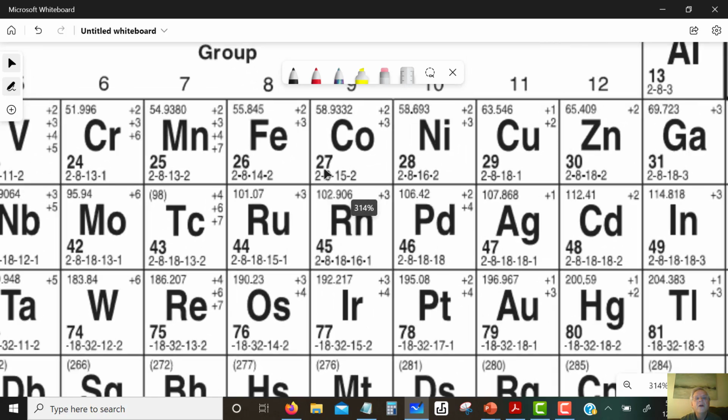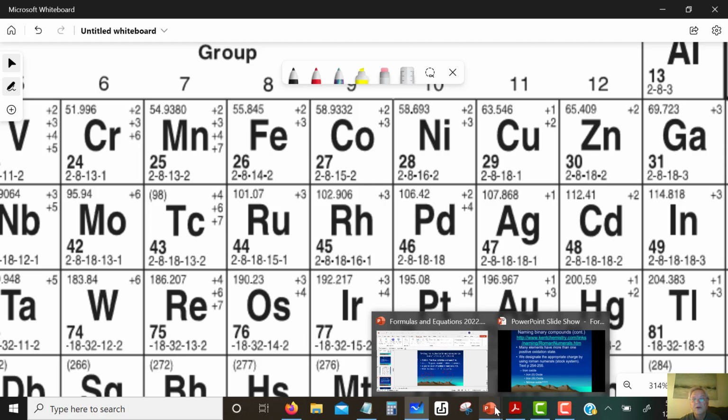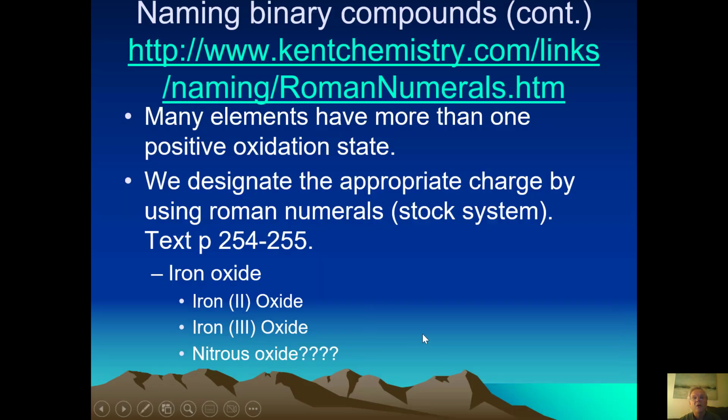Look at iron here. All of these transition metals have multiple oxidation states. You have to be able to indicate which one you're talking about, which one is in the formula, because it makes a difference. So subscripts make a difference, as we said earlier a few days ago.